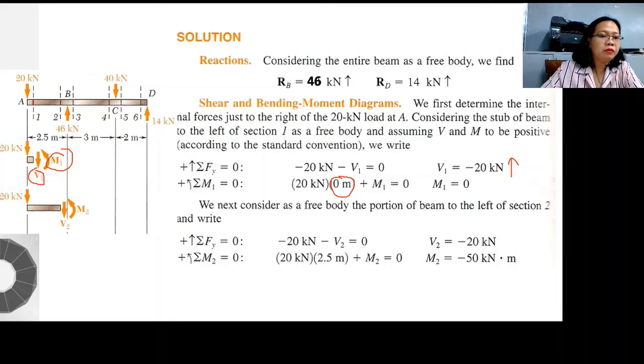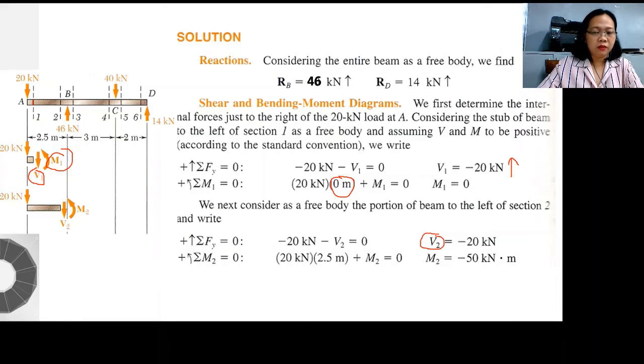Then, right before the reaction at B, we will cut it and let's see how it goes. Summation of all forces, V2 is negative 20, the same. So from here up to the point here, the shear is negative 20. And this is to resist the applied load here.